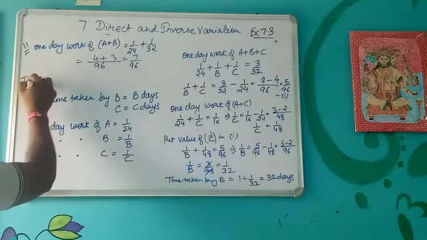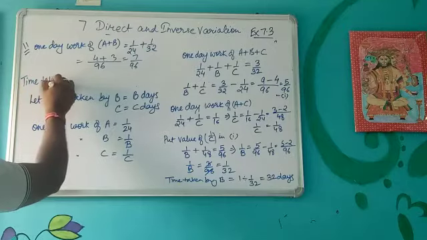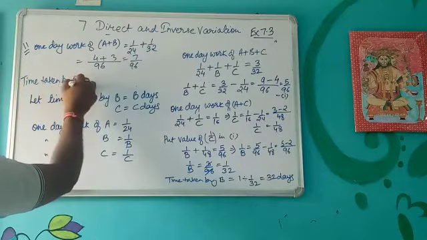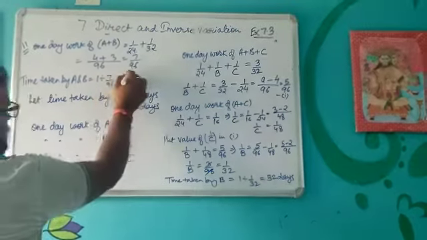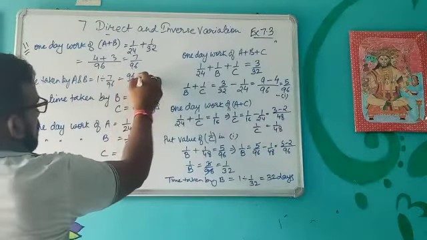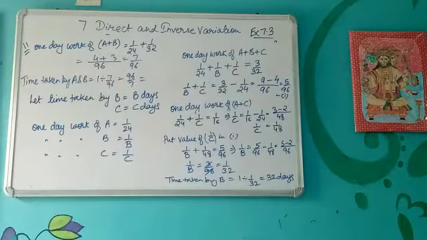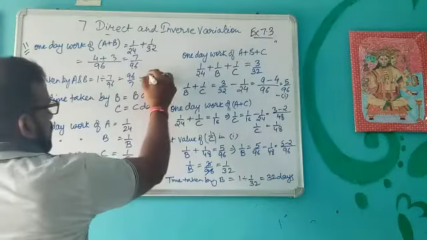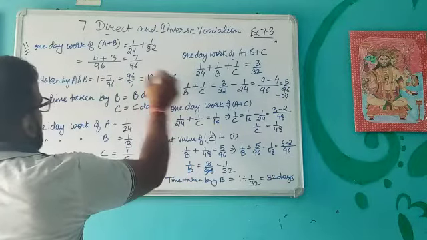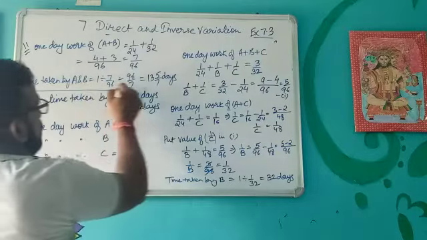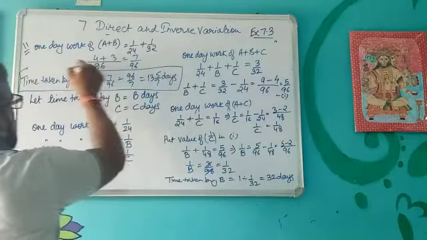So our answer will be time taken by A and B is 96 upon 7 days. Okay, so this will be our answer.